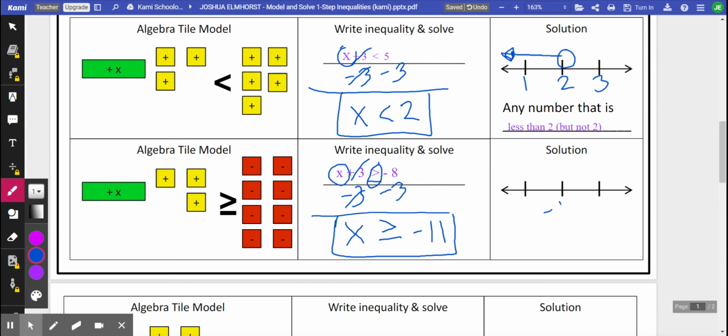So you go over here, we've got -11, -10, -12, and we put a circle here. Because it is equal to, it's going to be a solid circle. Now, be careful.